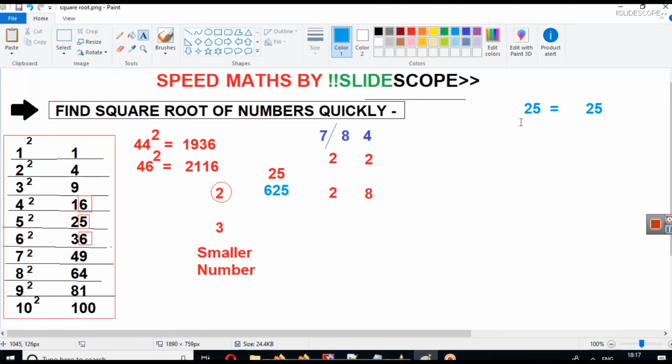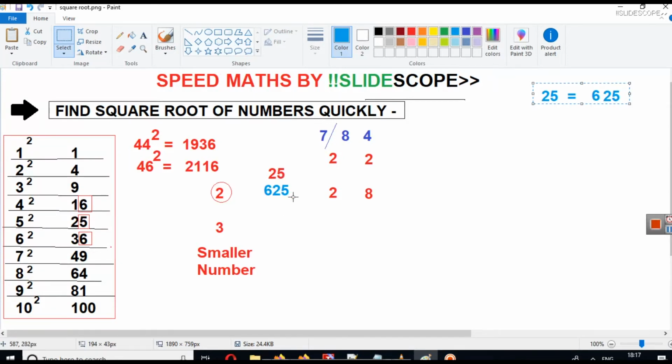So 3 into 2 is 6. So you will get 625. For this I recommend you see my previous chapter, in which I discussed finding squares of numbers ending in 5. So you will very easily find that.